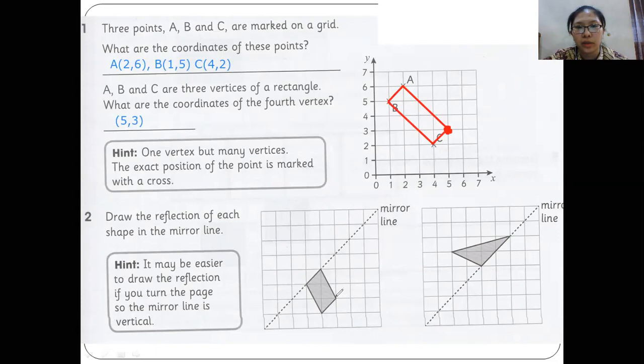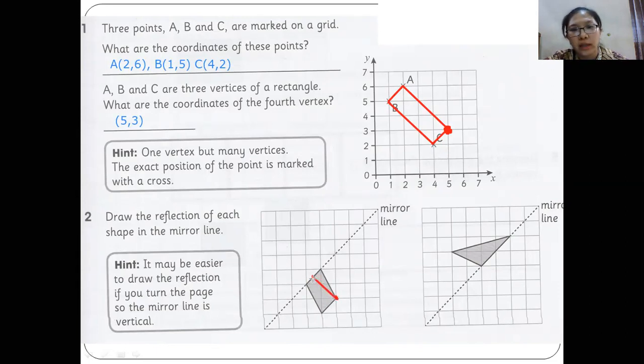From the mirror line, it takes one diagonal box and a half.